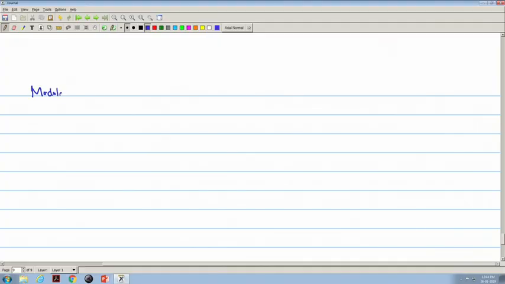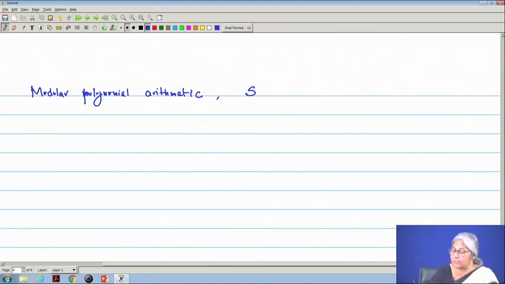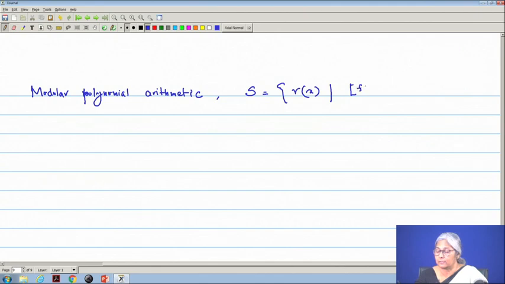Now, if we consider the modular polynomial arithmetic, then we will be using the set S with all my R(x), where R(x) I can write as f(x) g(x) mod m(x).